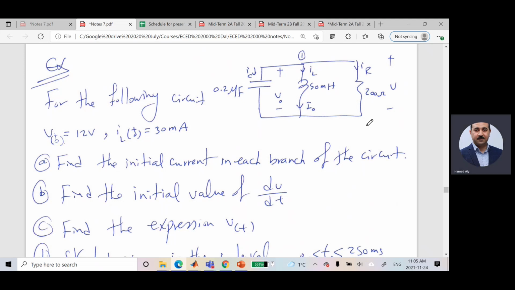This is in case of what? At t equal to 0 positive only. If t is equal to 1, I have a different value. If t is equal to 0 negative, the voltage across the capacitor is equal to what? Is it the same?